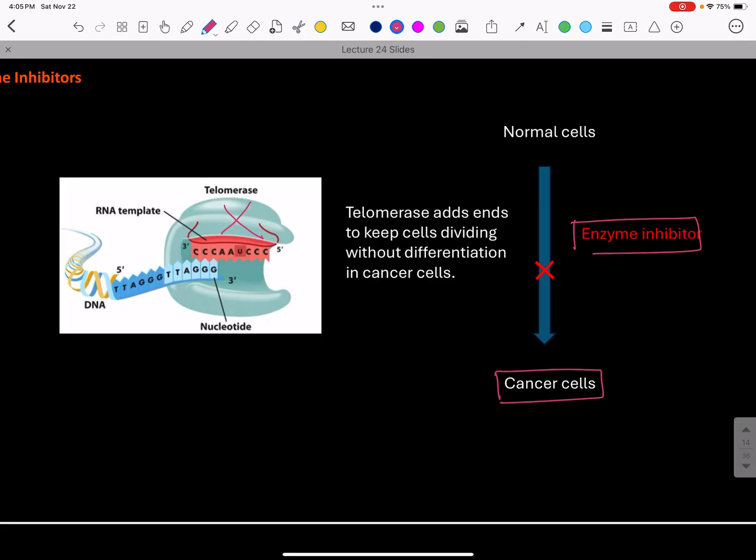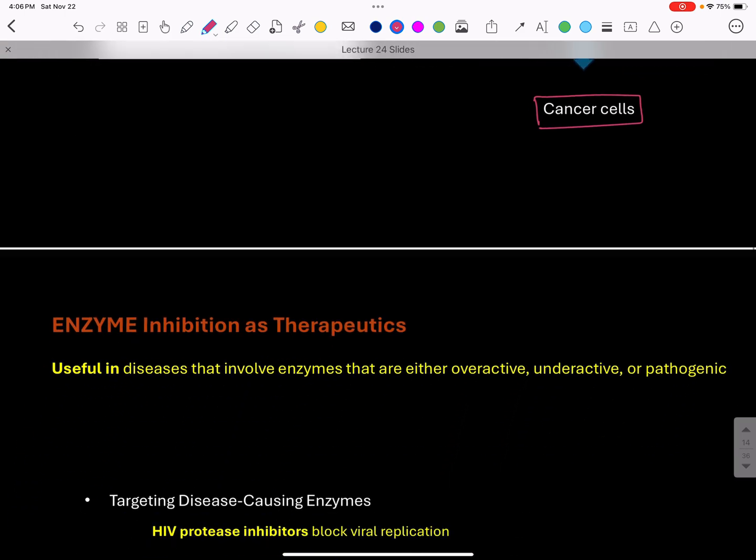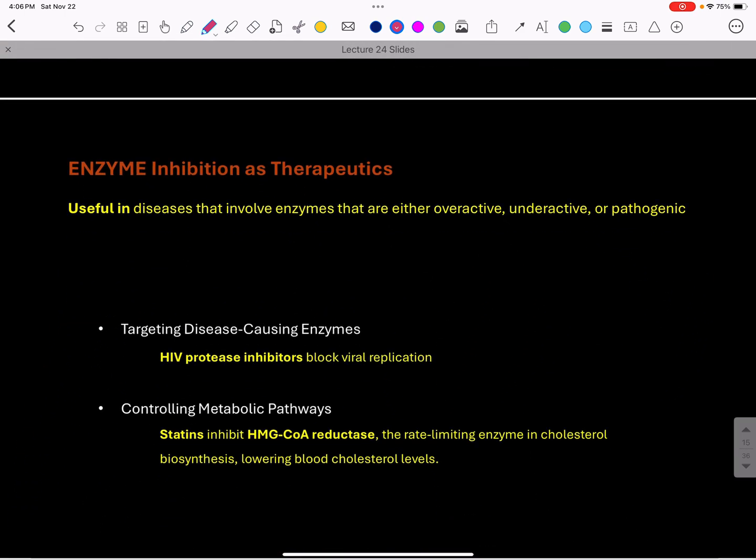So you can see that the crucial part is recognizing that there is an enzyme that is active exclusively in cancer cells and trying to come up with small molecules or drug molecules that can specifically bind to these enzymes. That's how we can actually use enzyme inhibition in clinical applications.